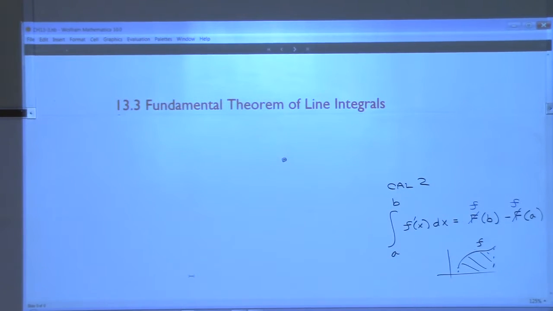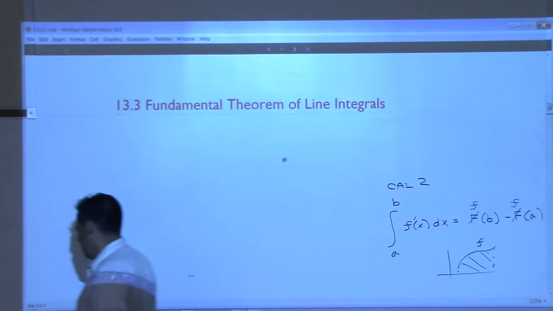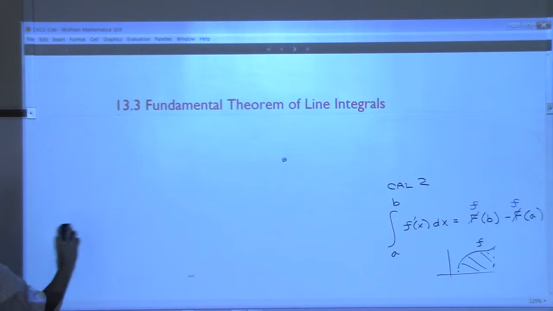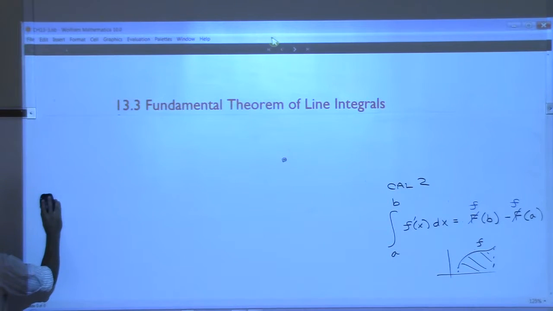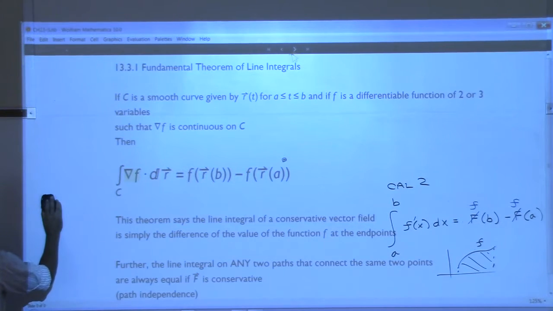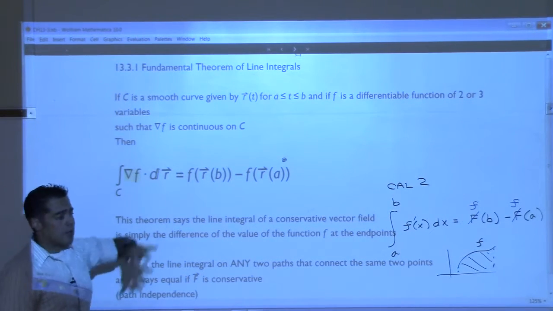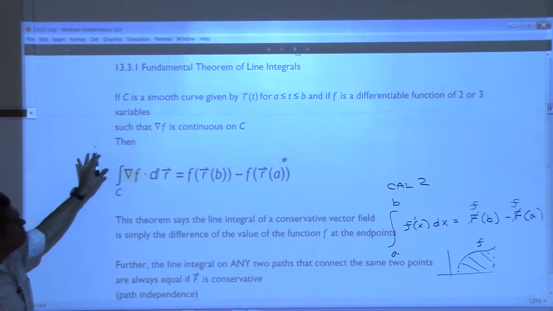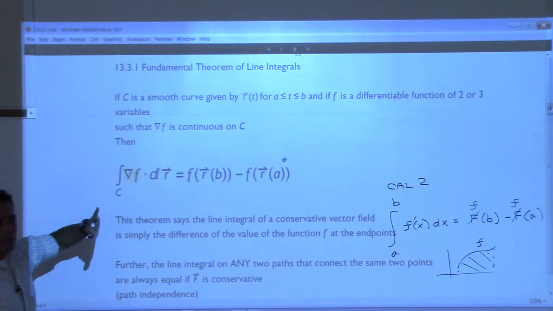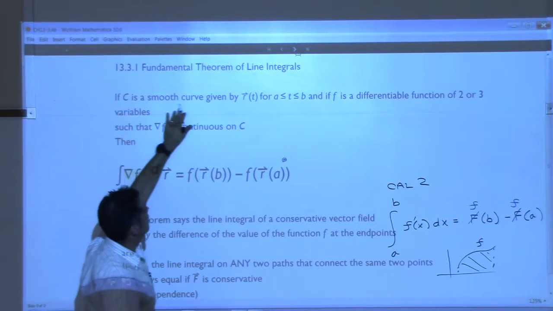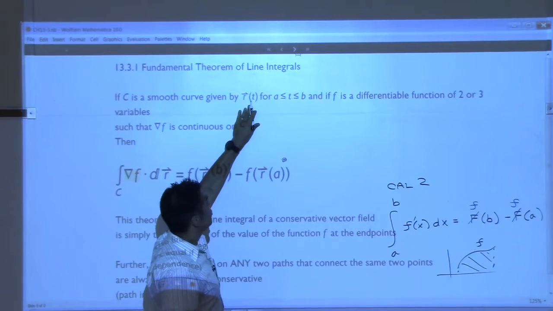Okay. Now we move on to this very important theorem, the fundamental theorem of line integrals, and it's going to look a lot like that. So it says if C is a smooth curve, okay, so remember we have a curve, and right now we are not talking about whether or not our curve is in 2 or 3 dimensional space. Just let that be a smooth curve where you have a vector function that draws it.